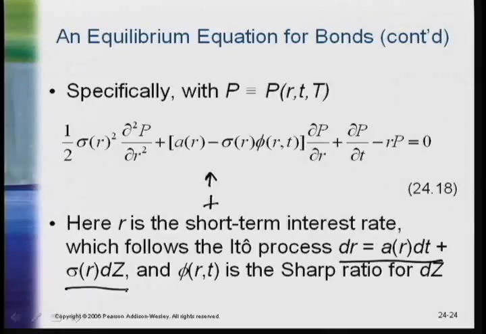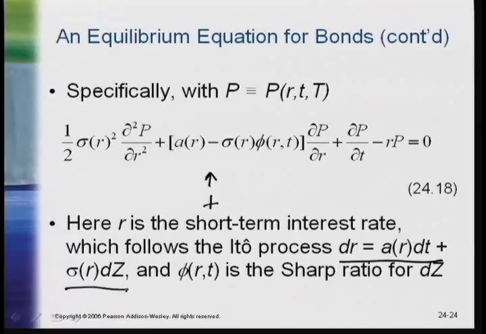Now, it's worth pausing a minute to look at this and say there are parts of this equation that look very similar to the Black-Scholes equation. Namely, the Black-Scholes equation started with a process for S and gave an equation that every derivative must satisfy. Every derivative security, every option.